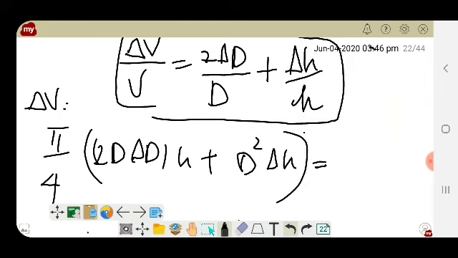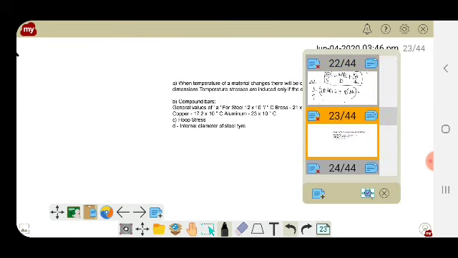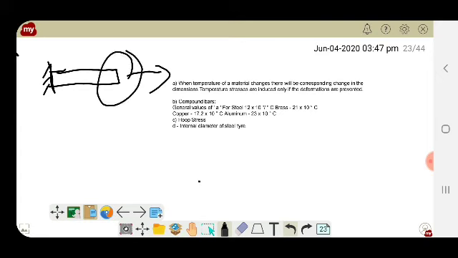Similarly, you can derive for other shapes. Now, when the temperature of a material changes, there will be a corresponding change in dimensions. Temperature stresses are induced only if the deformations are prevented. If I have a bar and I increase the temperature, it can elongate freely.